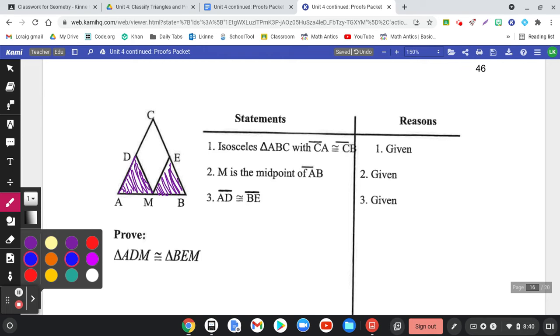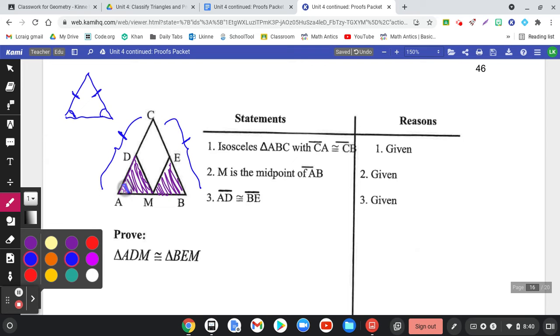Okay. So it says isosceles triangle ABC with CA being congruent to CB. Since there's a couple of things going on, CA is congruent to CB. That whole side's congruent to that whole side. So since that's an isosceles triangle, think about an isosceles triangle. If I tell you these are the same, these are the same.